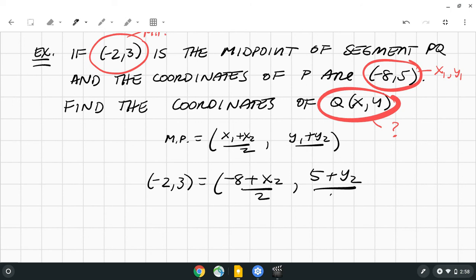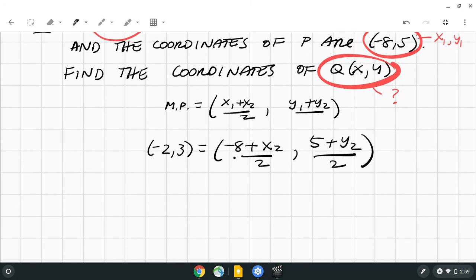And so then here, you're going to make this leap. This is an xy value, this is an xy value, right? So this x coordinate, negative 2, should be equal to this x coordinate. This y value should be equivalent to this y value.